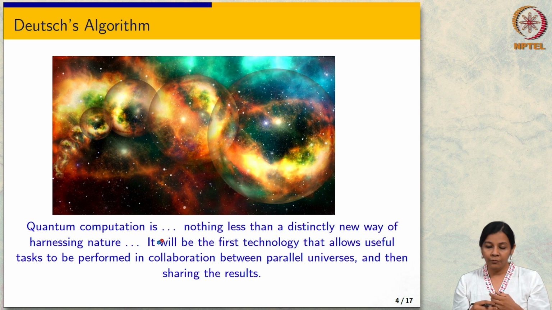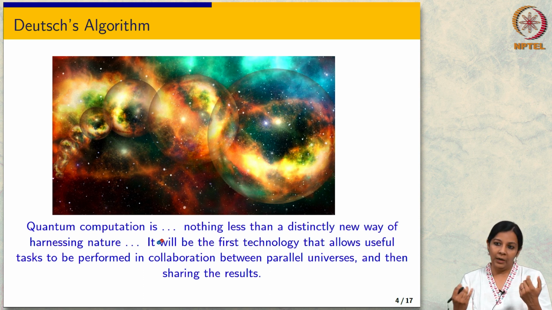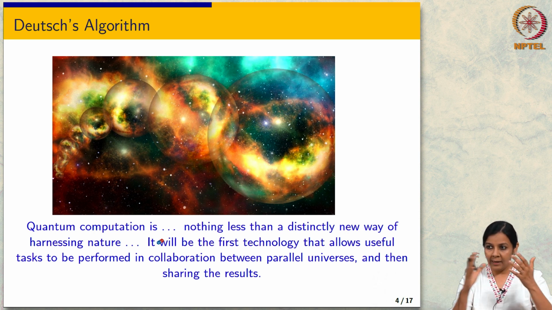Now, whether one believes in this interpretation or that interpretation, it's a free country, you can believe anything you want. I don't have any opinion on that, but what he is saying here about tasks to be performed in collaboration between parallel universes, even if we don't think of it as parallel universes, at least we are going to see this notion of performing an exponential sized computation in parallel, and then sharing the results.